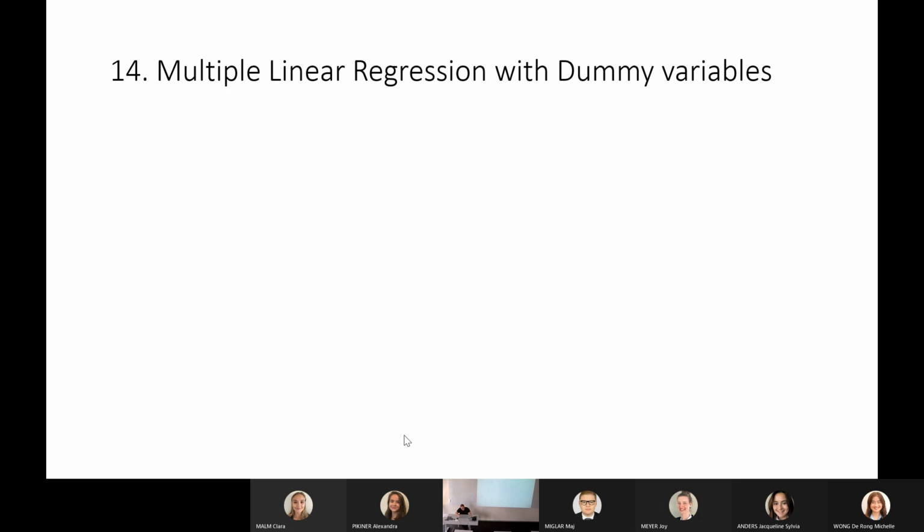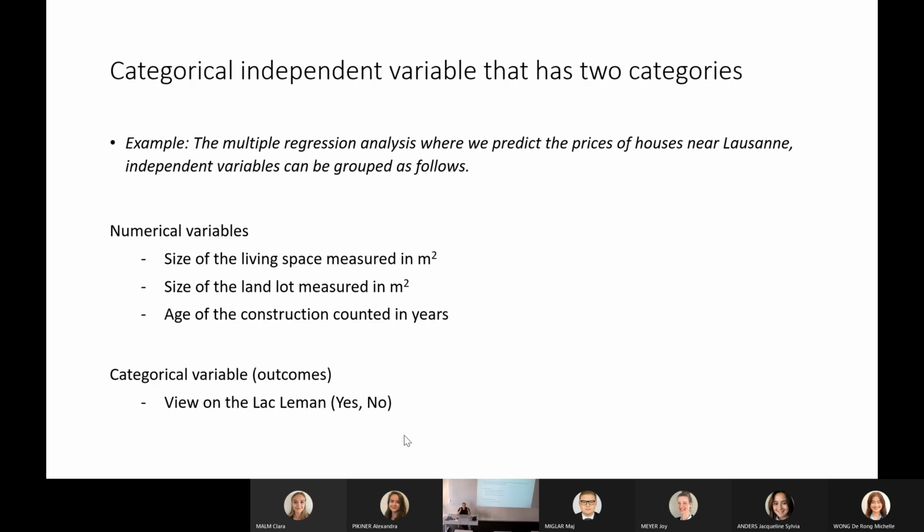So how do we deal with dummy variables? First of all, we have a simple dummy variable. The simple dummy variable is, for example, view on the lake. It's just yes or no. But because we cannot plug yes and no into the computers, we will use 1 for yes and 0 for no. We actually will have to code it.